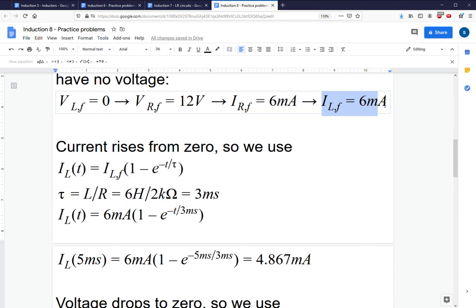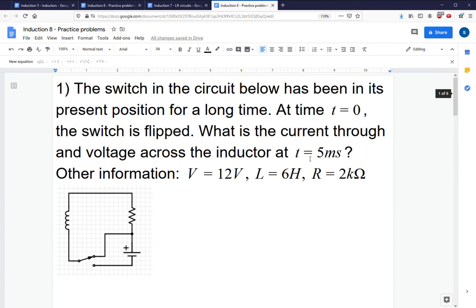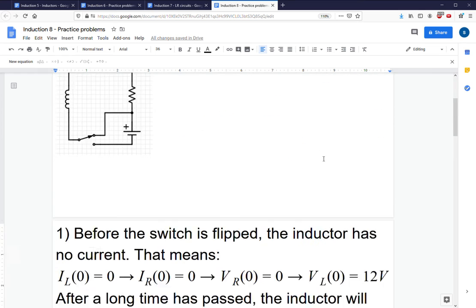We also know from here that the final current in the inductor is 6 milliamps. So the formula plugging in those numbers is current as a function of time is equal to 6 milliamps times 1 minus e to the negative t over 3 milliseconds. Now the question asks for the current at time t equals 5 milliseconds.